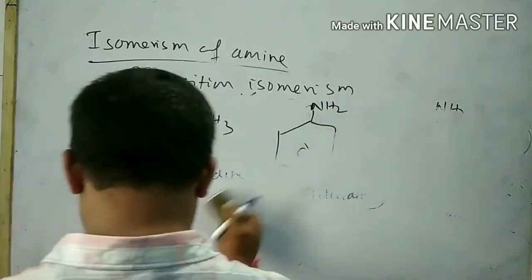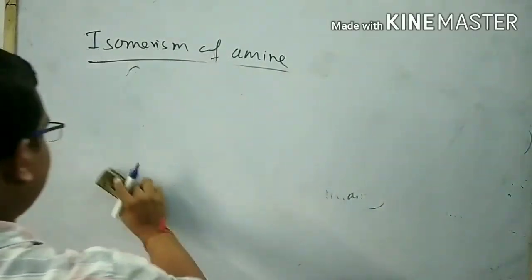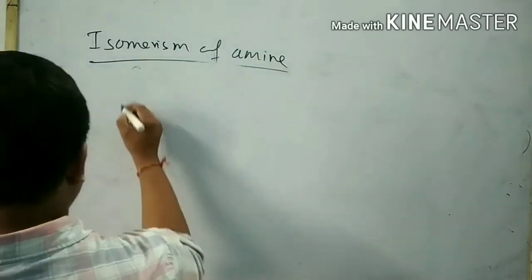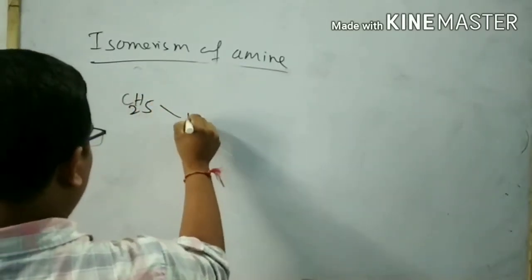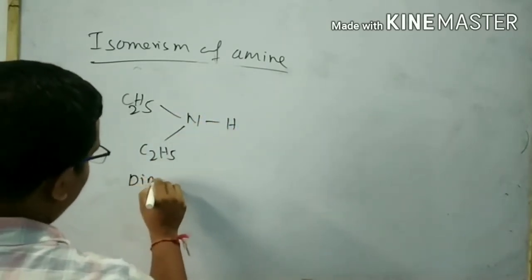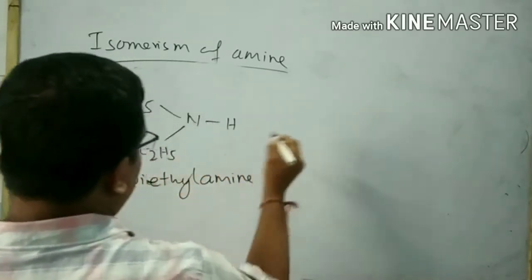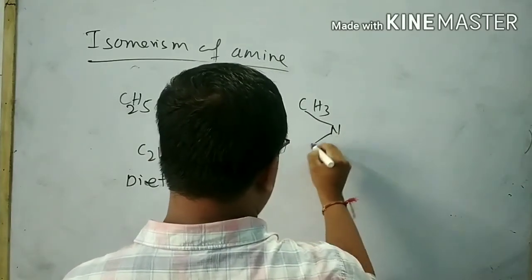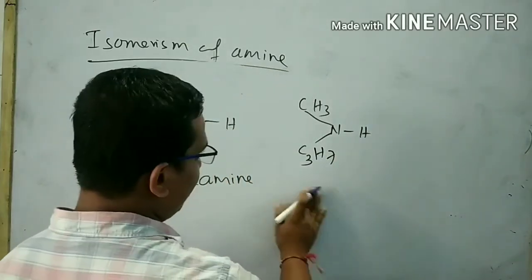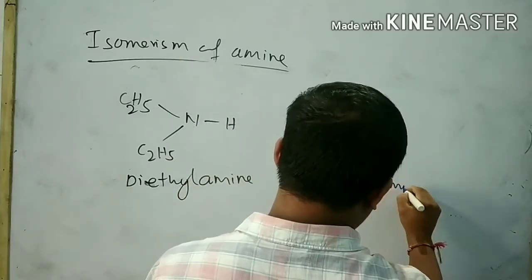Next I will discuss metamerism. Metamerism means they differ in the environment around a particular functional group. Suppose we take C2H5-NH-C2H5. The name of this compound is diethylamine. Take another example, CH3-NH-C3H7. The name of this compound is methylpropylamine.